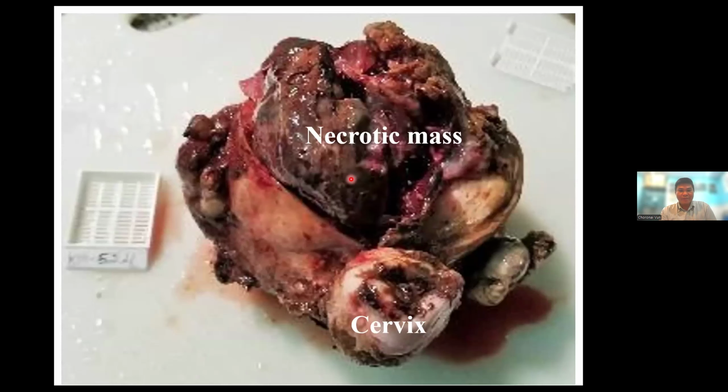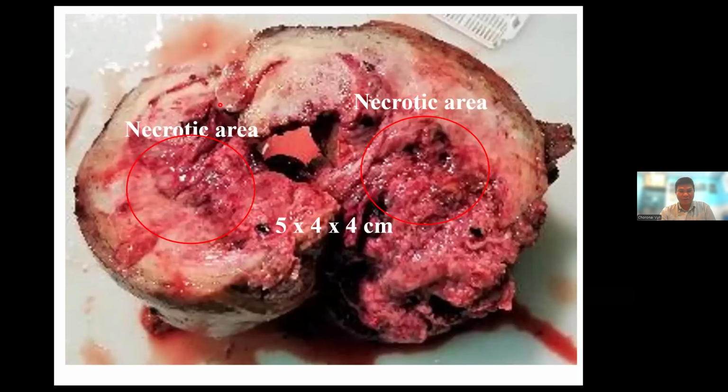The specimen shows an intrauterine cavity necrotic mass with hemorrhage. The cervix looks normal. The adnexa looks normal.